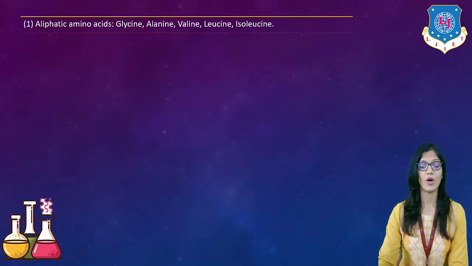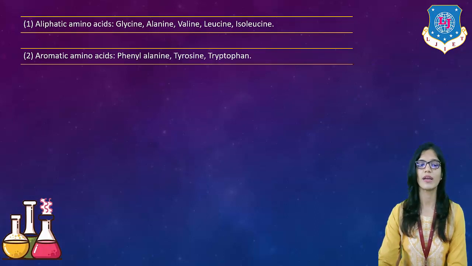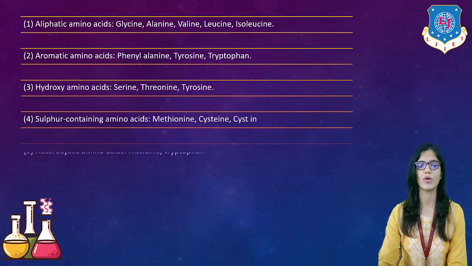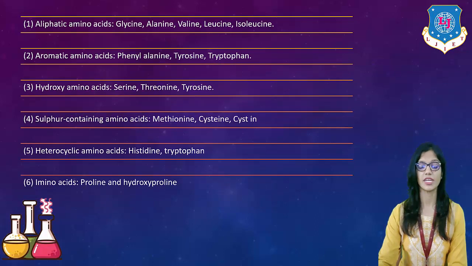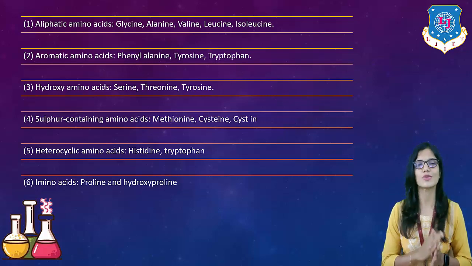Okay. Now let's move ahead to the next classification. Depending upon their actual chemical structure, we have different types, so one by one we will take a look at them.